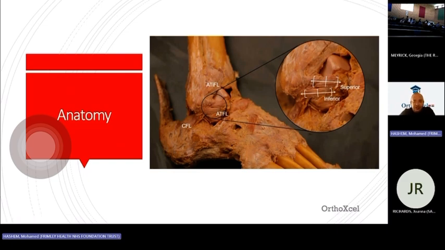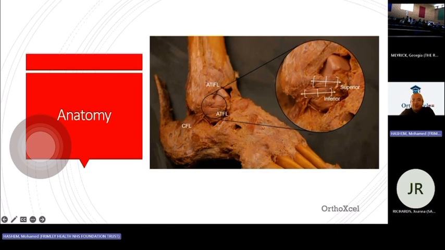So if you are not meticulous enough to get the superior bundle and the inferior bundle repaired, each one alone, and the CFL repaired, either you will be repairing all this bulk and missing the inferior with the CFL, or you'll be repairing this bulk and missing this part, which is intra-articular and very rare to get healed, and it will cause chronic instability later on.